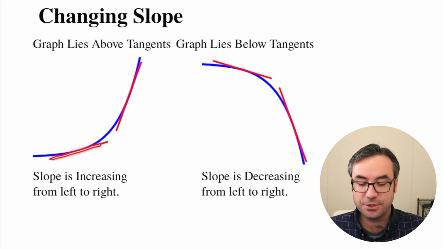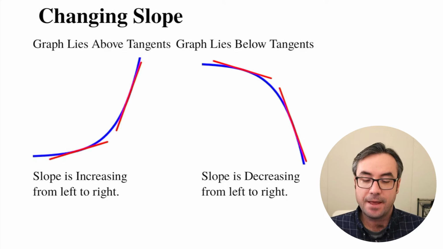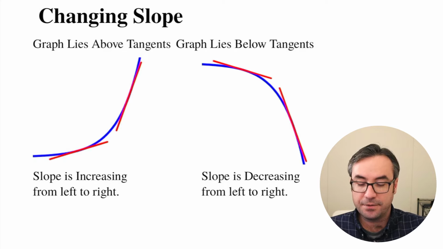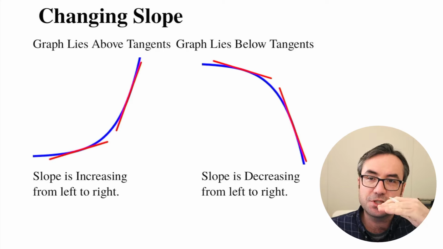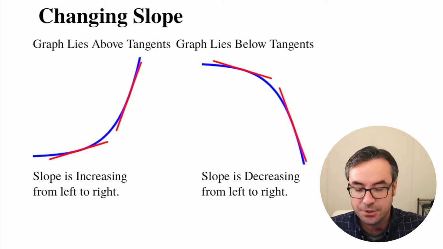So here we have some tangent lines, and then we have the graph of our function drawn in. When we look at this, the curve is sitting almost on top of that tangent line, just slightly above. You can see it just slightly bend above the tangent line.